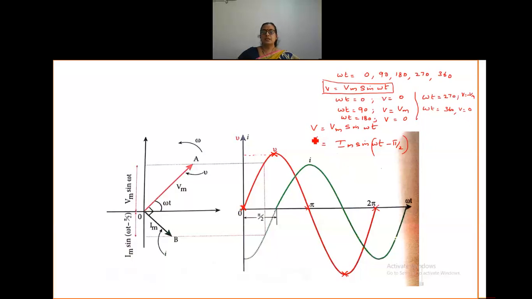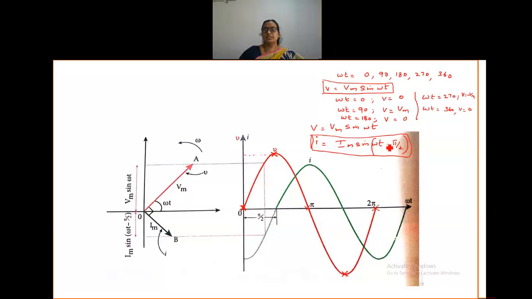Now let us consider the current equation: I is equal to Im sin(omega t minus pi by 2). To draw the current curve, again you are going to substitute the same values, that is 0, 90, 180, 270, 360. Let us substitute omega t as 0.